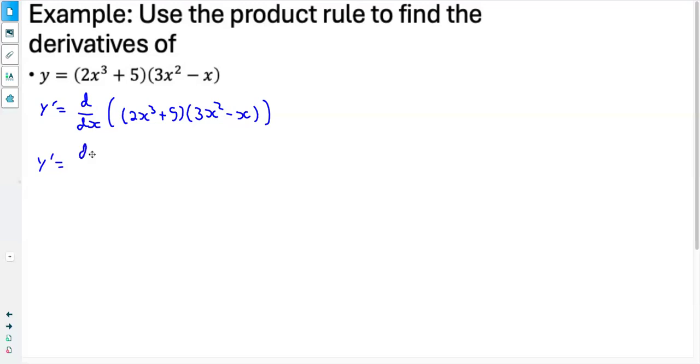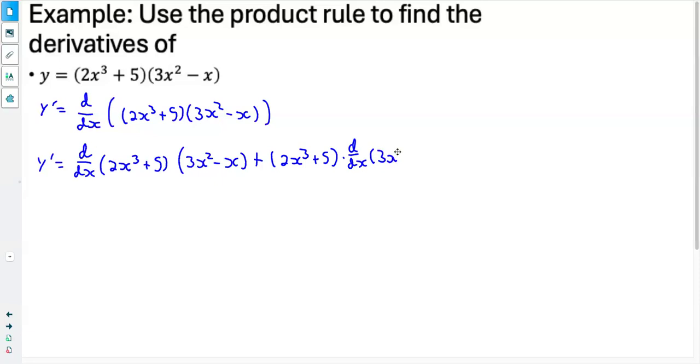So that means we have the derivative of 2x cubed plus 5, times 3x squared minus x. And then plus the original function, 2x cubed plus 5, times the derivative of our second function, 3x squared minus x.